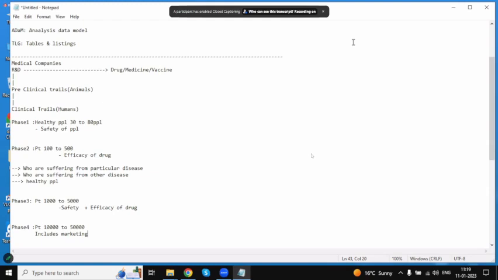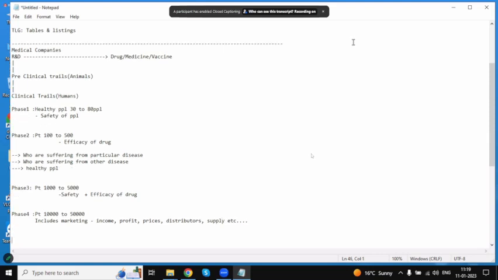Phase 4 is not only about simply testing the drug, it also includes marketing. Marketing means everything: what the income for them is, what the profit for them is, prices, distributors, supply and so on. Everything comes under marketing. So phase 4 includes marketing along with the testing.